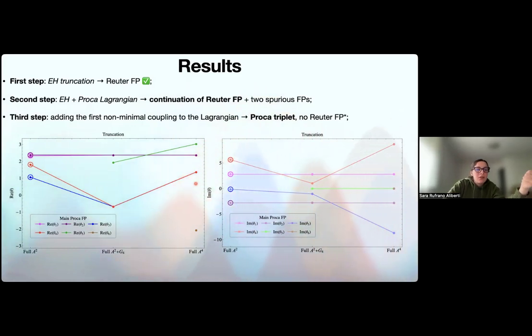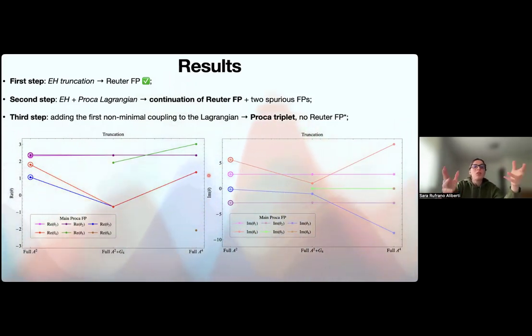Maybe this behavior, the difference between the critical exponents obtained and the canonical values, reduces if we consider more terms in the maximal truncation. So taking into account more terms and higher order truncation, maybe this difference will reduce. Or the difference between our critical exponents and the canonical values is due to a truncation artifact, which means that still maybe this ultraviolet completion does not exist for generalized Proca theories.